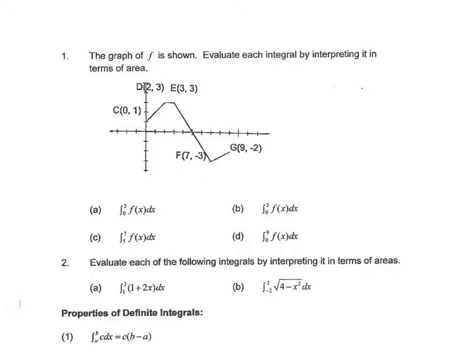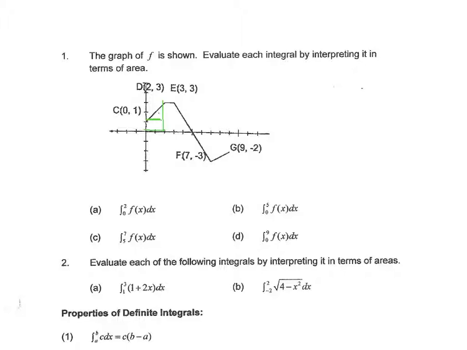So we're looking at this area. We don't have a function, so how could we determine the area under the curve? It's a triangle and a rectangle, or it's a trapezoid. You could use either one.